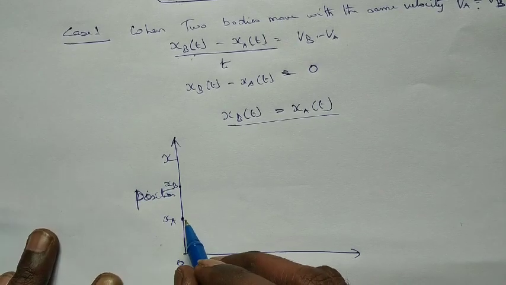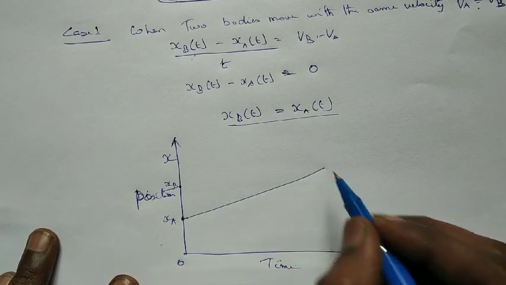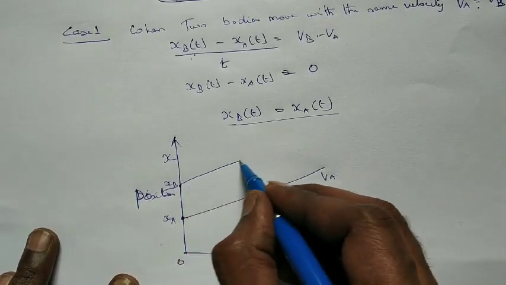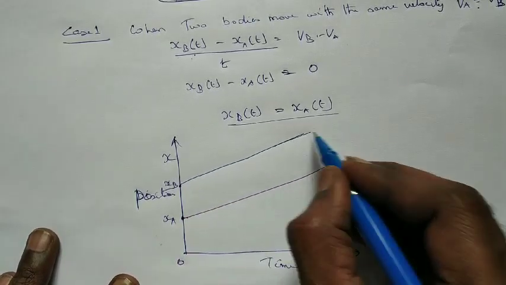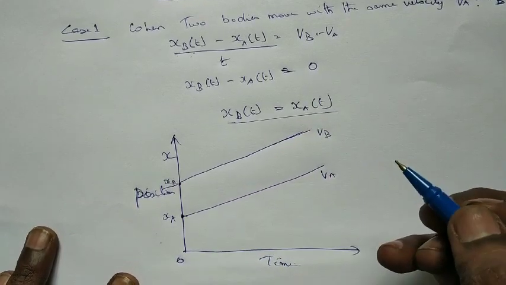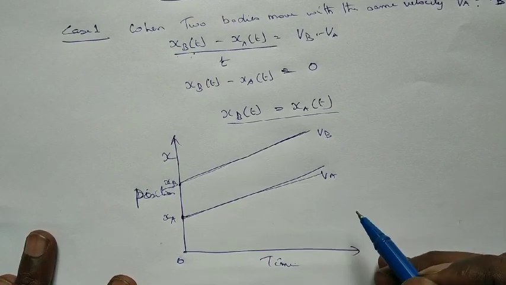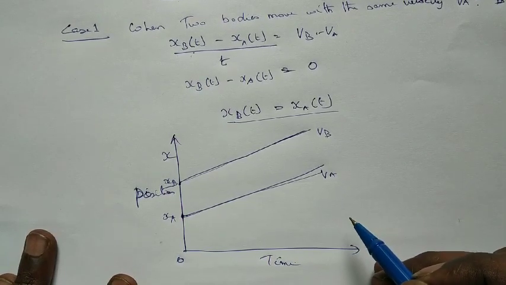As the bodies move continuously, A moves with velocity VA, and B also moves with the same velocity VB. You will find the graphs going to be parallel here.